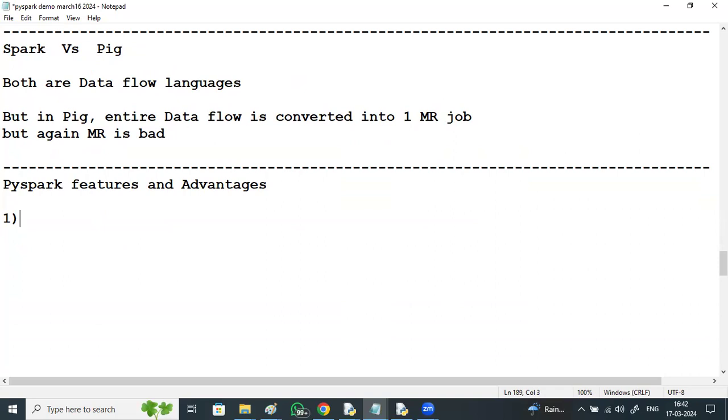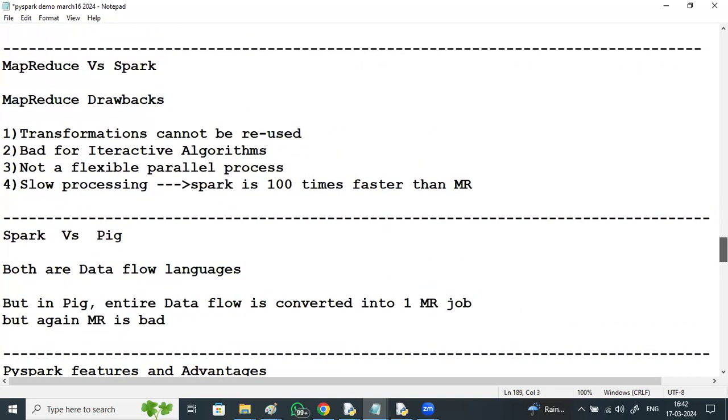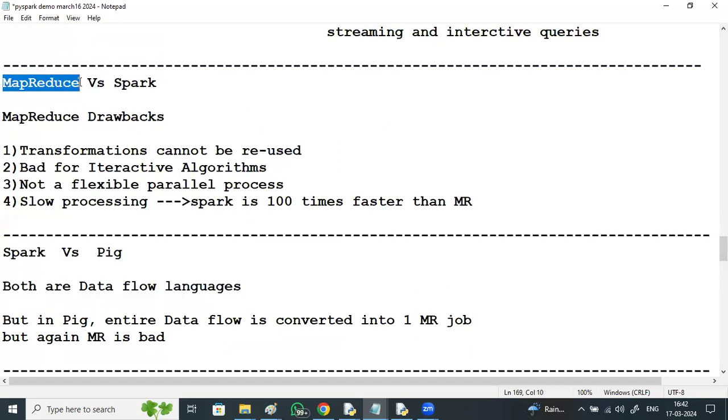MR means MapReduce. Into one MapReduce job, yes. One MapReduce job. But again, MapReduce is bad. Means in Hadoop, MapReduce execution is going to happen.